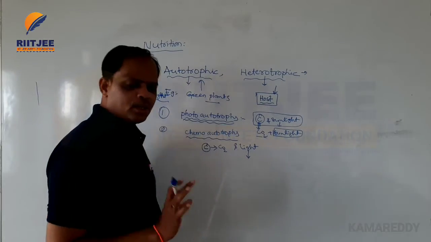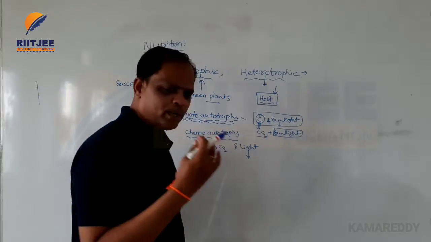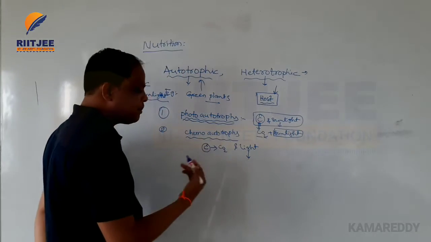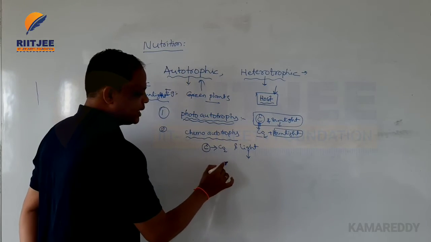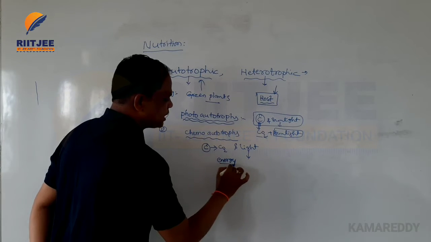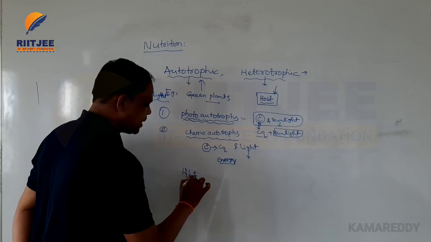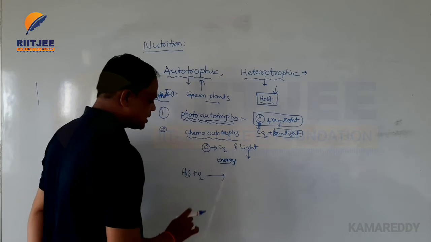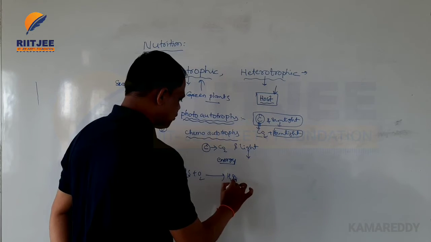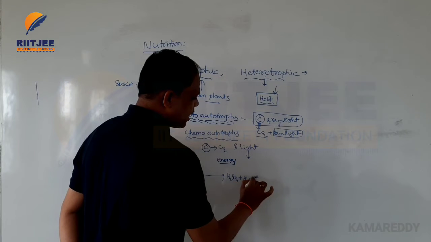In all these cells there can be a number of metabolic oxidizing reactions, and these reactions release some energy. For example, H2S plus oxygen in the presence of Thiobacillus gives H2SO4, and it can release water molecules and energy.